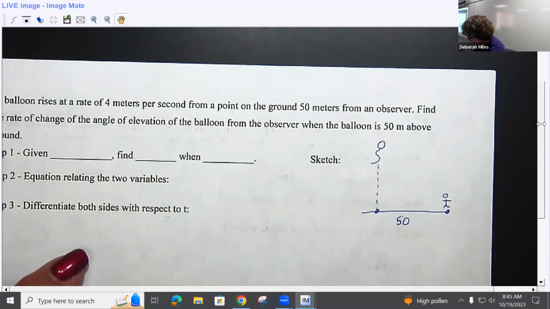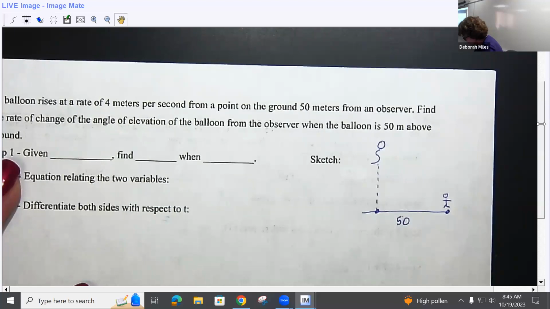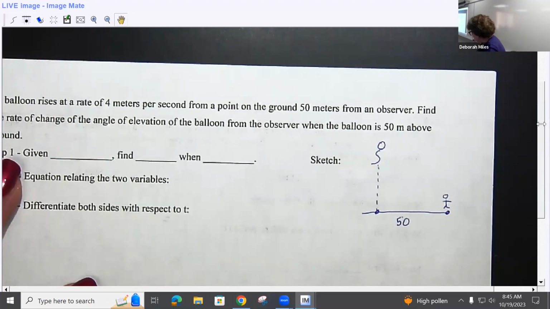A balloon rises at a rate of 4 meters per second from a point on the ground, 50 meters from an observer. Find the rate of change of the elevation of the balloon from the observer when the balloon is 50 meters above the ground. Do you see where the angle of elevation is?